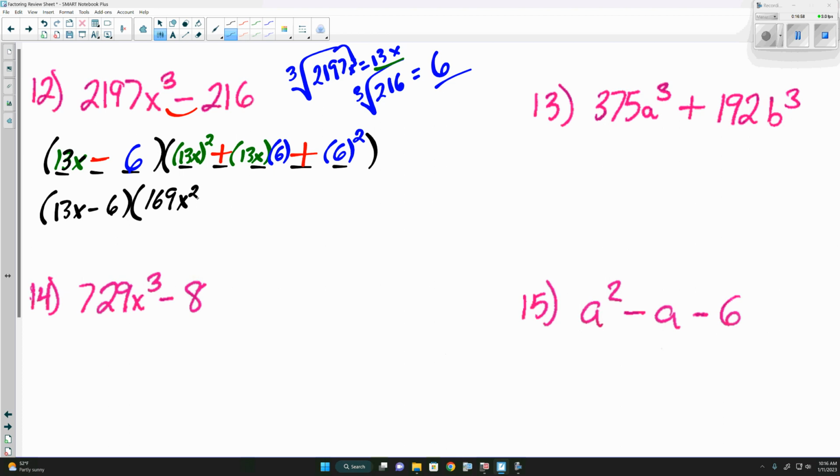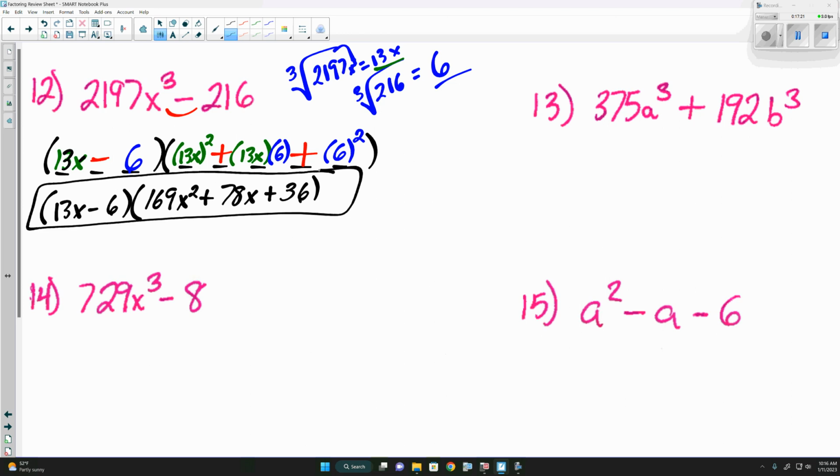Since there's a single term being squared, we just square both terms. Plus 13 times 6 is, x plus 6 squared is, and that's it.